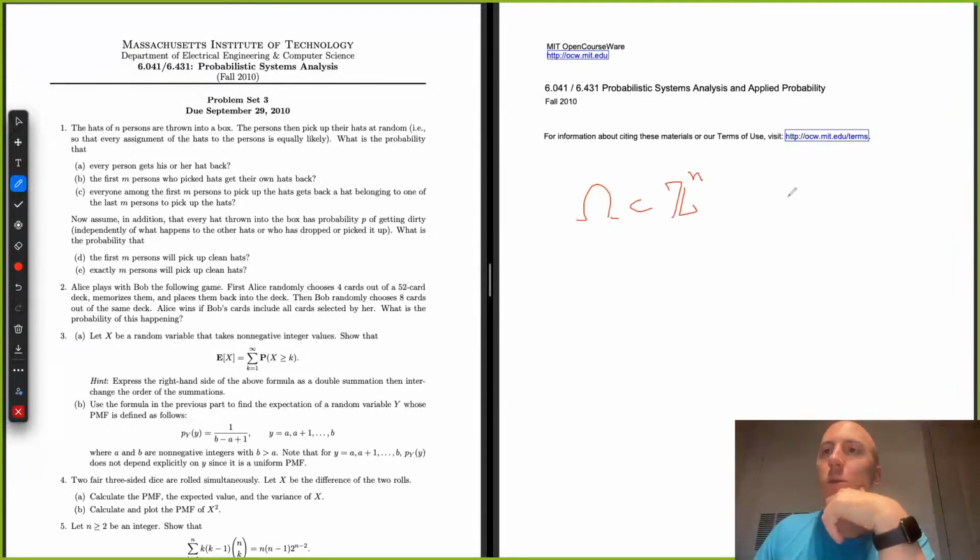Before, we were thinking that omega is a subset of just Z: we do an experiment and we get a 1, you pick hat 1, or you get 3, you picked hat 3.